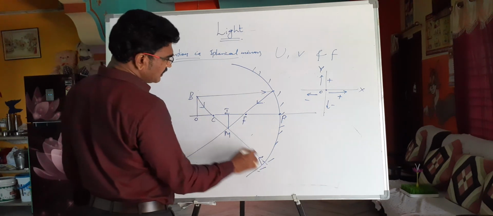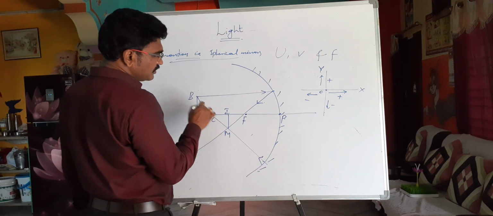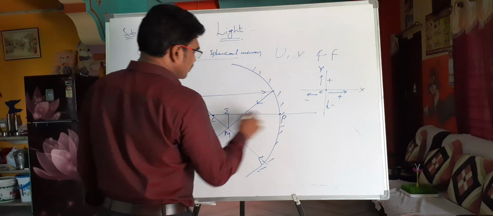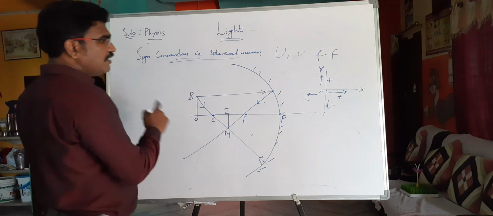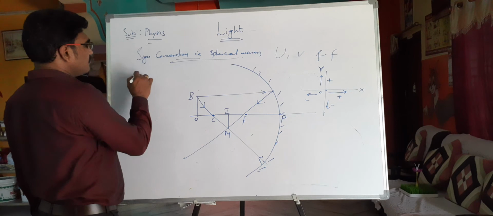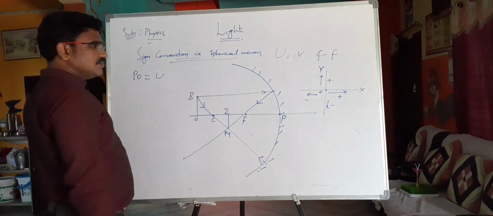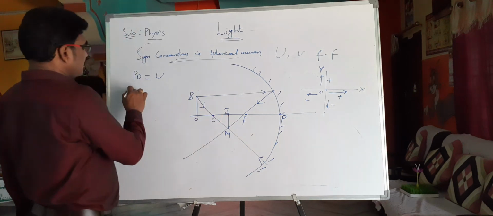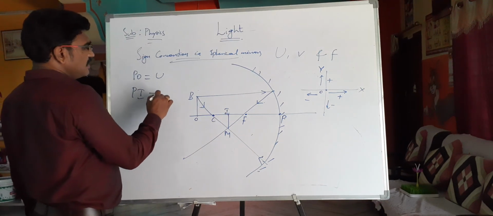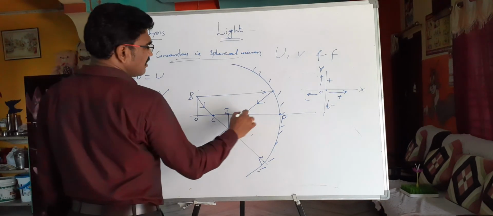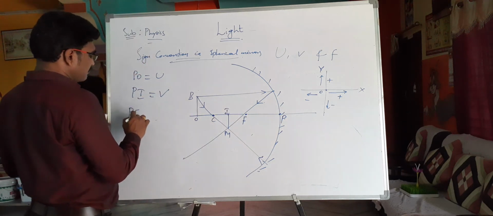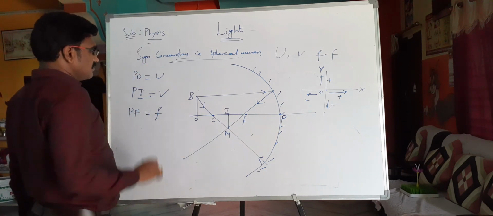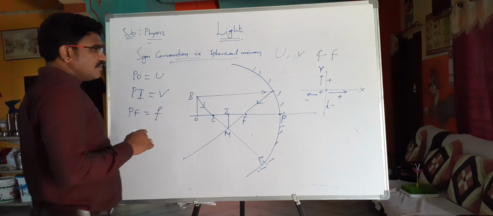This is the incident ray and this is the reflected ray, because it is moving through the F. Now here always you start from the pole. PO is u, the object distance. PI is the image distance, v. PF is the focal length, small f.